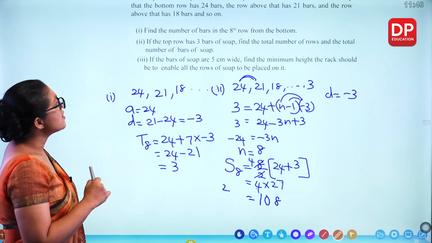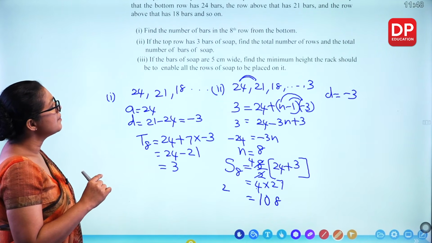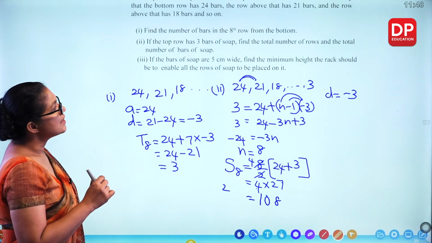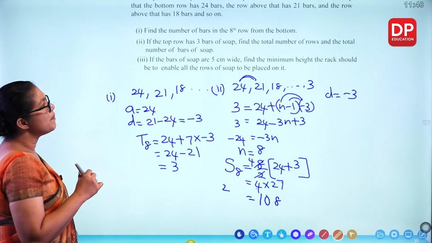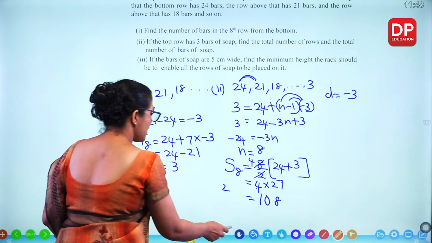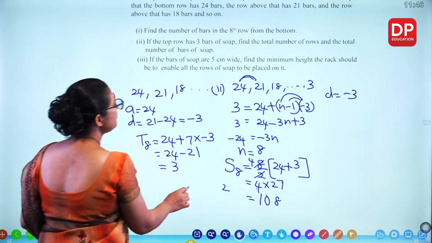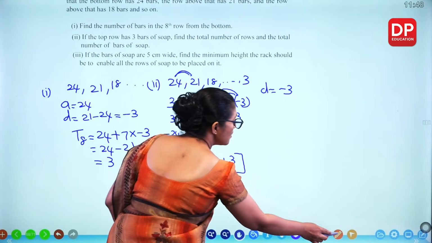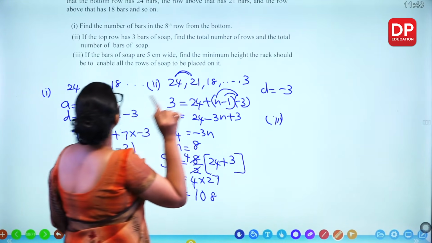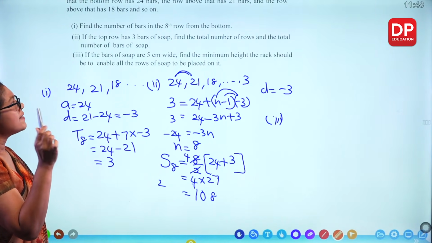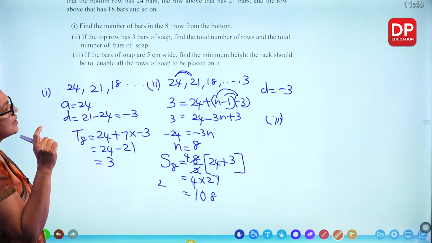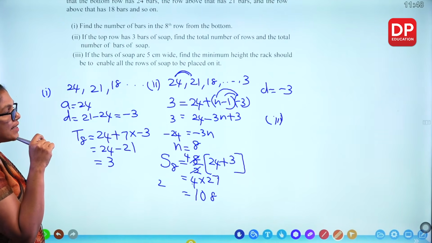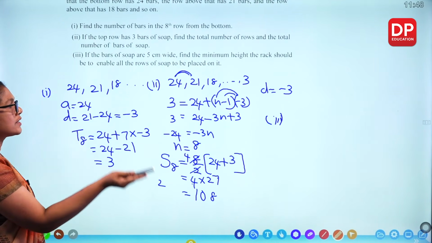Third part, if the bars of soaps are 5 centimeter wide, find the minimum height the rack should be to enable all the rows of soap to be placed on it. So here what they ask in the third part. So there are 8 rows.